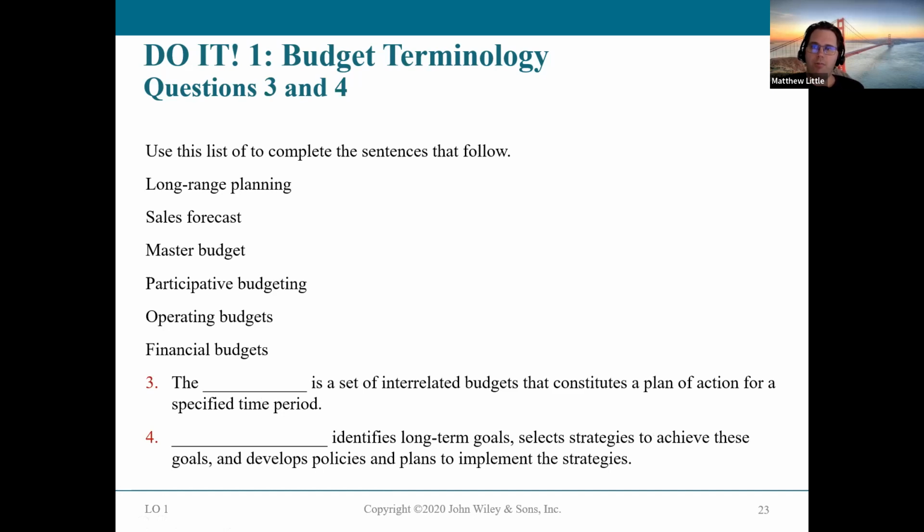Next, what is the set of interrelated budgets that constitute a plan of action for a specified time period? And we called that the master budget just a moment ago. So the master budget is all the interrelated budgets, whether they're finance or capital or cash, whatever that might be. And we mentioned this again, long-range planning identifies long-term goals. It looks at strategies to achieve those goals and develops policies and plans to implement those strategies.